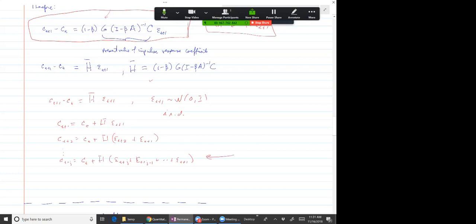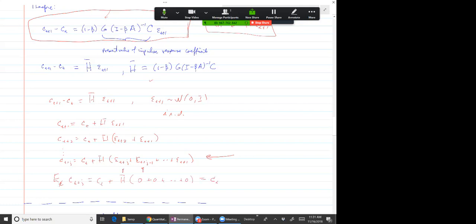Now, stare at this and ask yourself, if you're standing at t, what's the best forecast of x_{t+j}? So all you do, it's equal to E_t of C_t, but you know C_t, because it's today, plus h bar times the best forecast of this, which is 0, the best forecast of this, which is 0, plus 0.